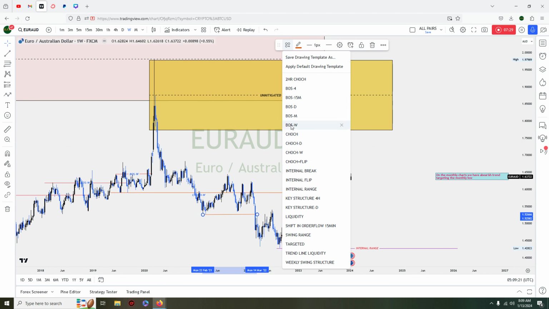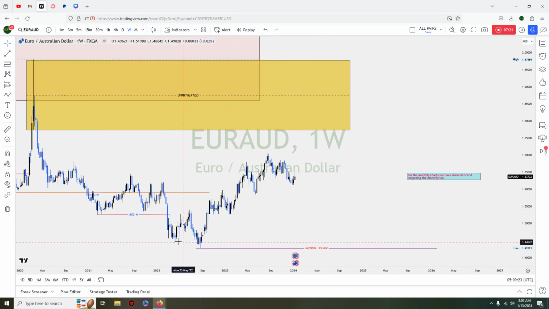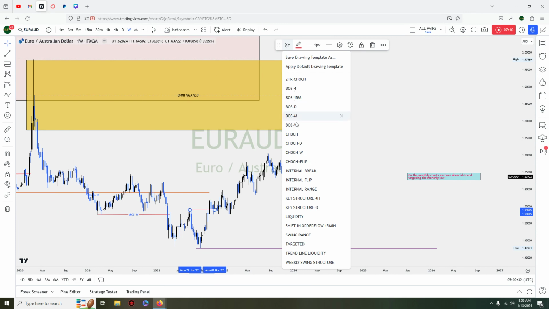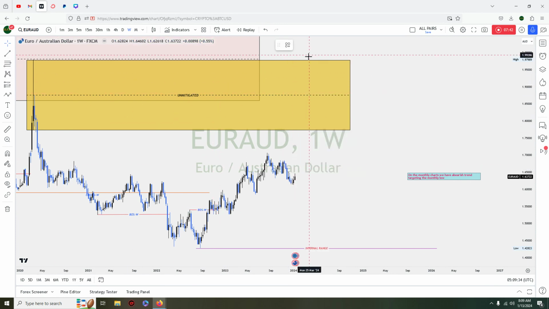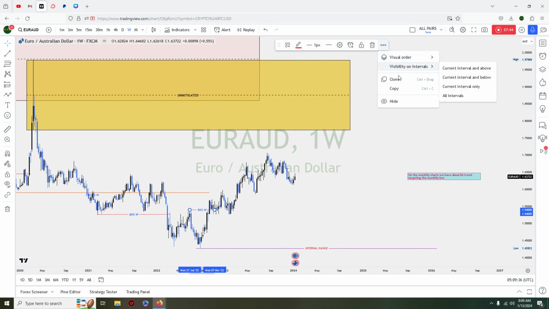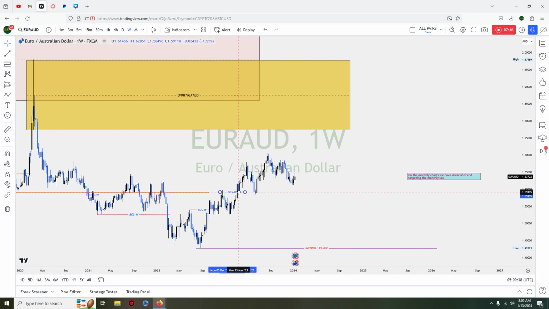Break of structure on the weekly. So it formed this, and then now we have our internal breaks. We have a break of structure on this other end, and then another break of structure, and then another break of structure.